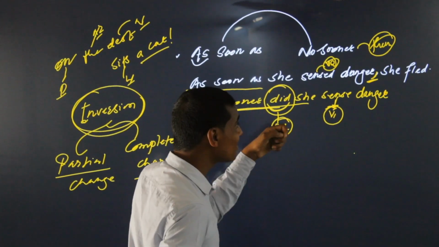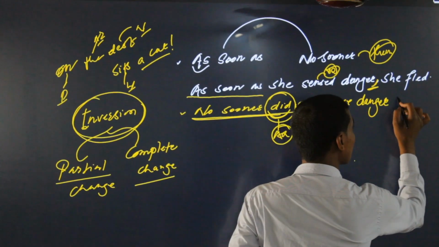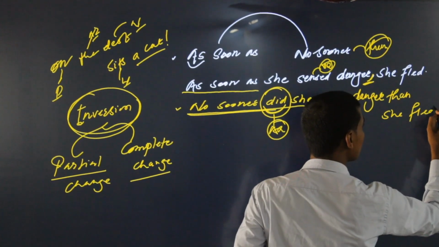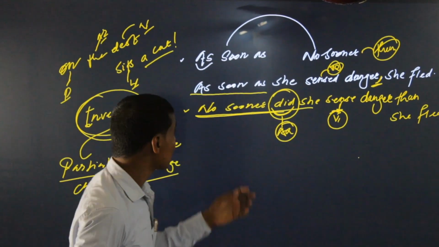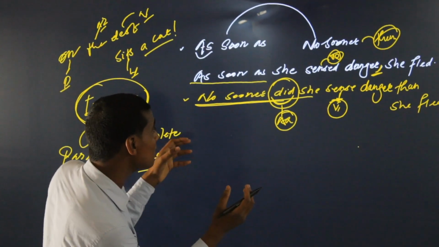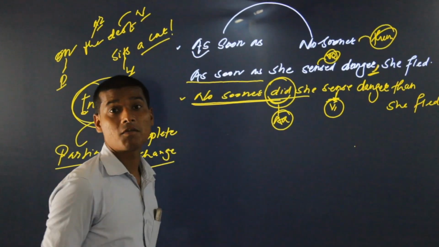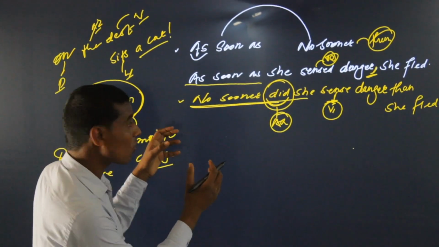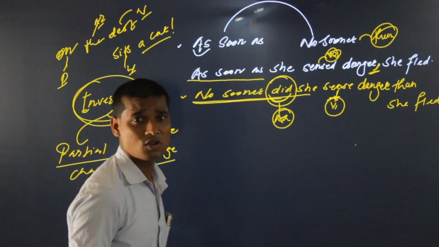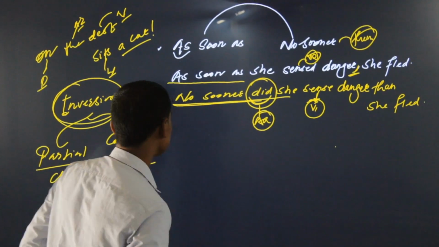No sooner did she sense danger than she fled. Now, this is synthesis of the sentence. It means we have combined and changed the pattern using different sorts of connectors. We have a lot of examples, and we are going to understand them back to back.